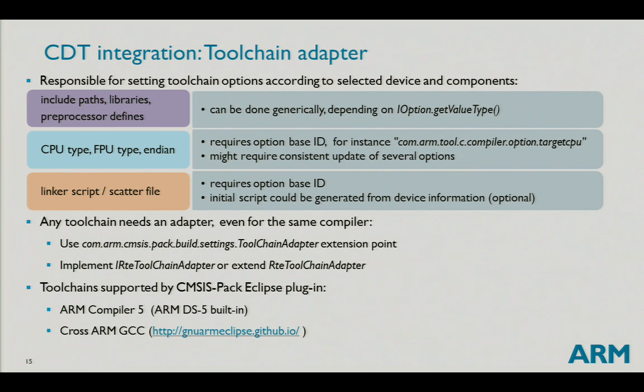The plugin which is currently published has two fully functional adapters, one for the ARM compiler and one for this cross-ARM GCC, which I have shown you in the demo, by the way. You can download this from here. This is third party, that's not done by ARM, but if you work with GCC in Eclipse, I would highly recommend this toolchain. It's really very well done.